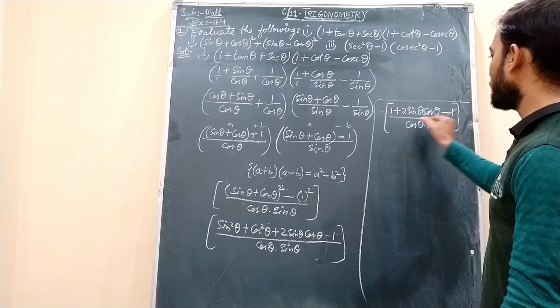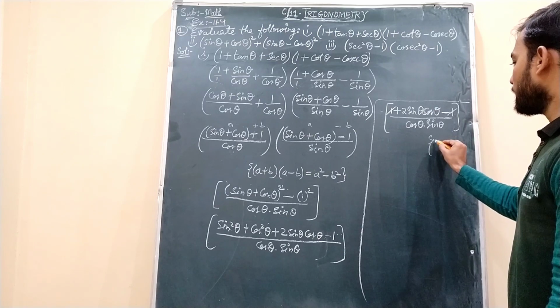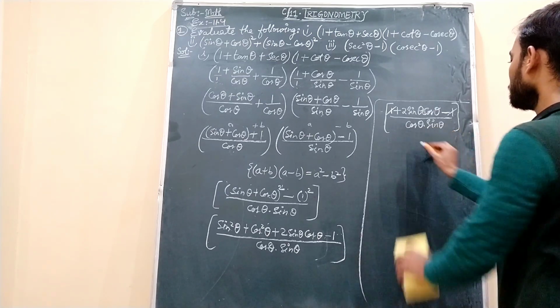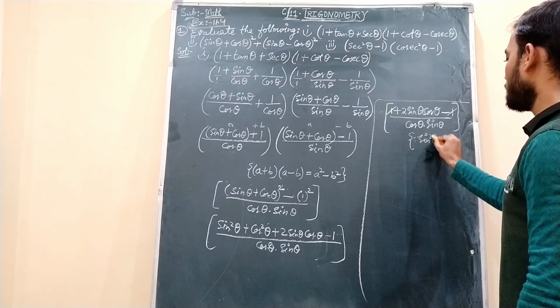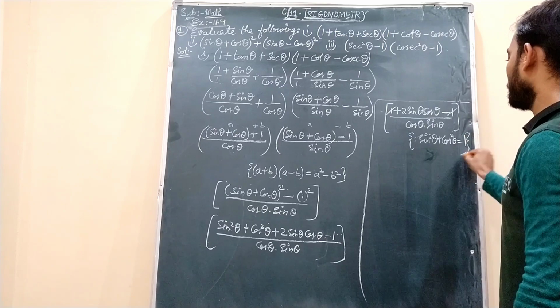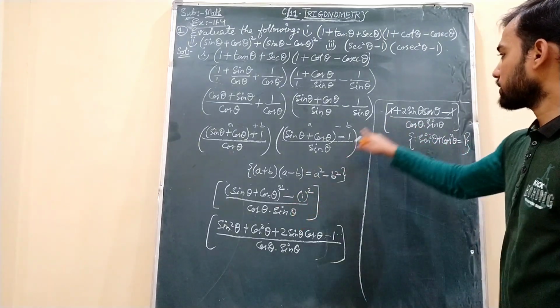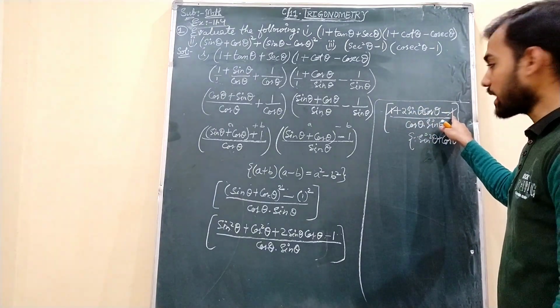Now what will happen? This minus 1 plus 1 gets cancelled. Here I will write that we have used one identity. Whenever we have sin square theta plus cos square theta, we can write it as 1. That we have done over here. Sin square theta plus cos square theta we have changed as 1. Okay. And then this minus 1 gets cancelled.